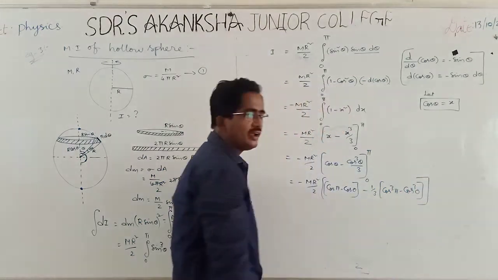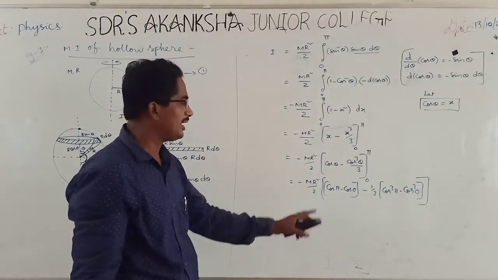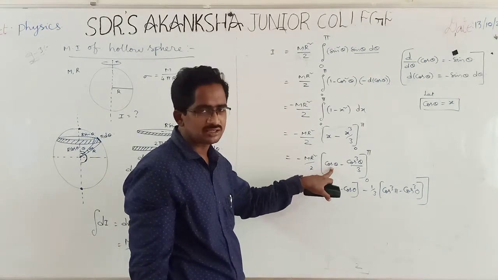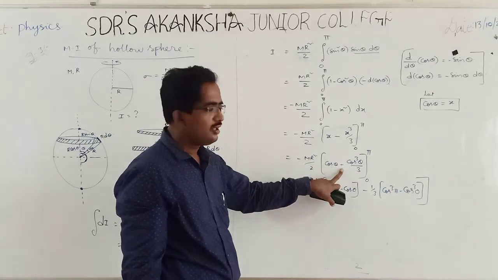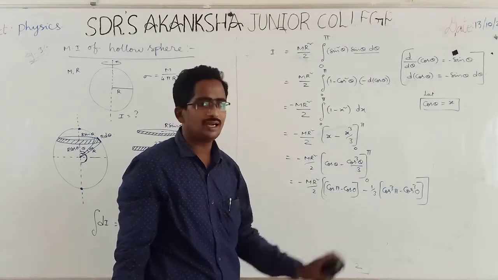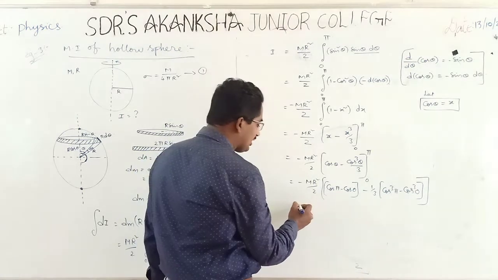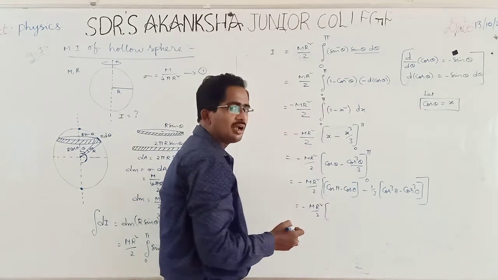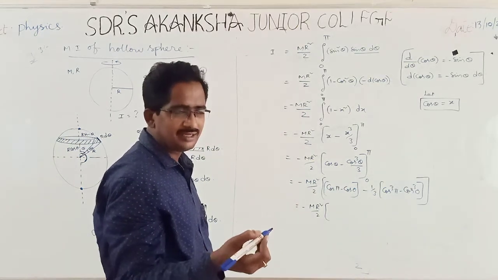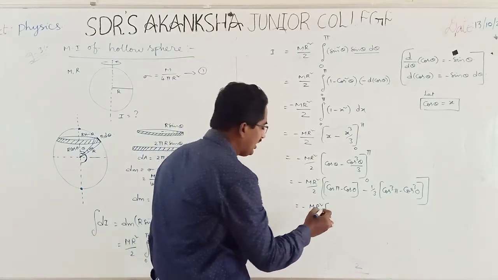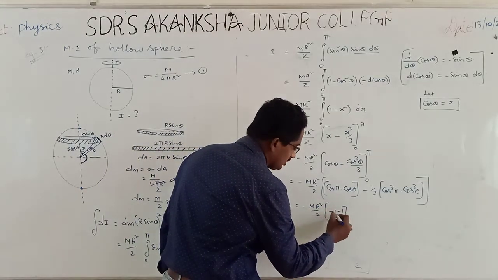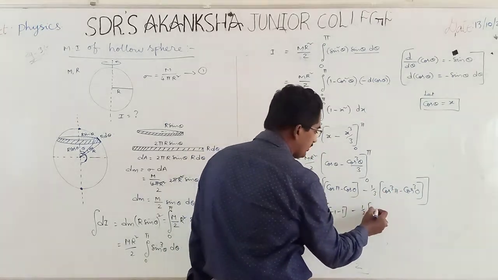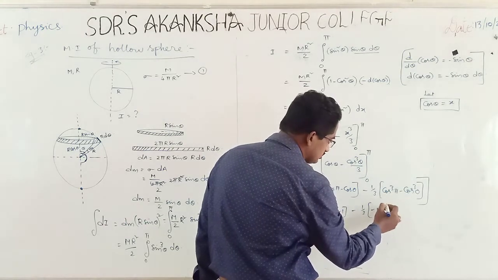This is the way of applying limits for integrals: first I applied upper limit minus lower limit for cos theta, and afterwards the same for the second term. Then we get minus M r square by 2 into cos pi is minus 1, minus 1, and minus 1 by 3 into minus 1 whole cube, which is minus 1 minus 1.